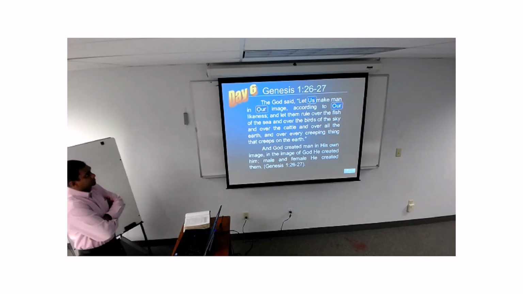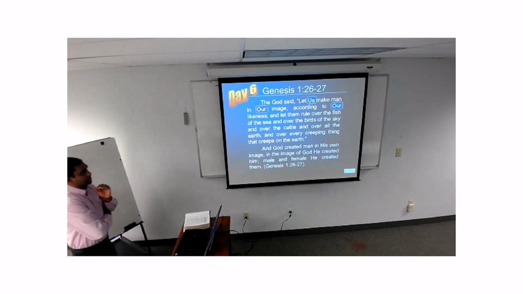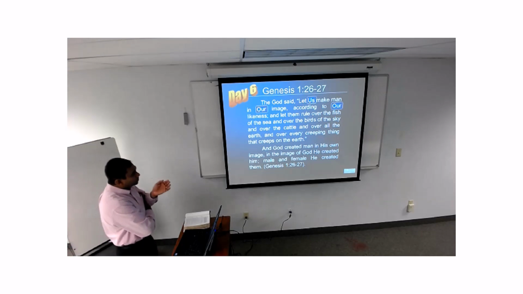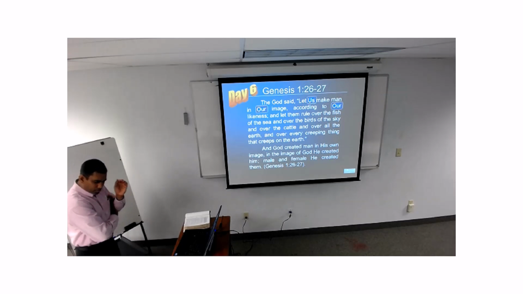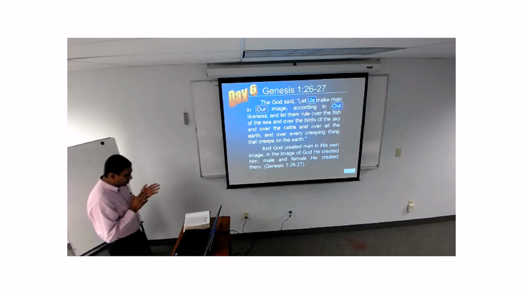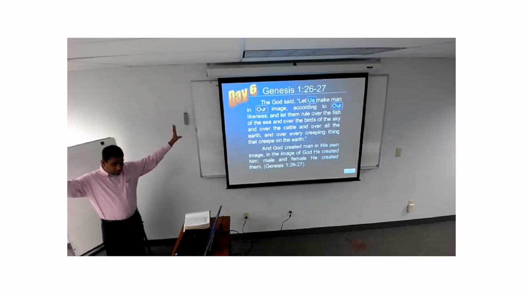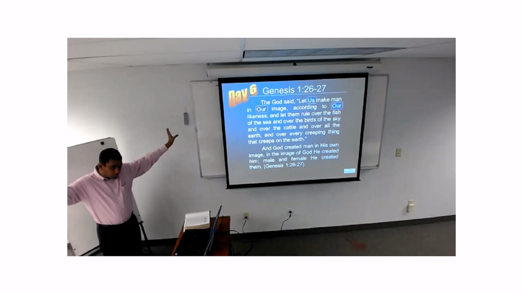Linguistically, and this is what a bunch of the scholars go with, there is a royal or divine plurality that is used to show the greatness or grandeur of something. So for example, if you go back to Genesis 1:1, God created the heavens and the earth. When you talk about the heavens, it is so grand that it's always in the plural. You never see heaven in the singular.